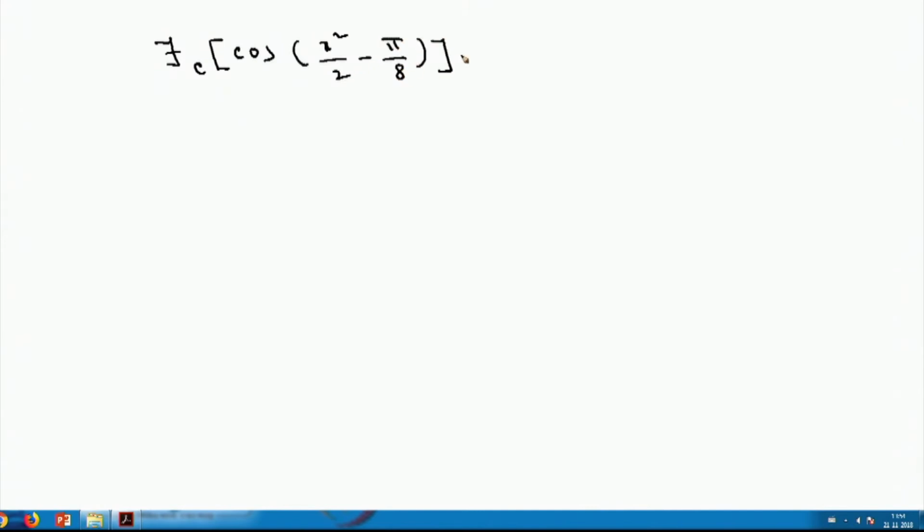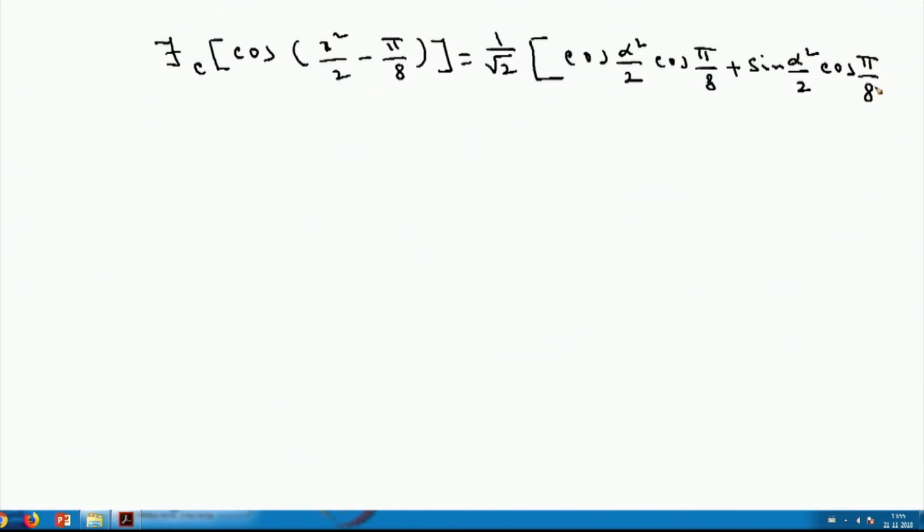This is equal to 1 by root 2 into cos of alpha square by 2 into cos of pi by 8 plus sin of alpha square by 2 into cos of pi by 8 plus I will obtain cos of alpha square by 2 into sin pi by 8 minus sin of alpha square by 2 into sin pi by 8.